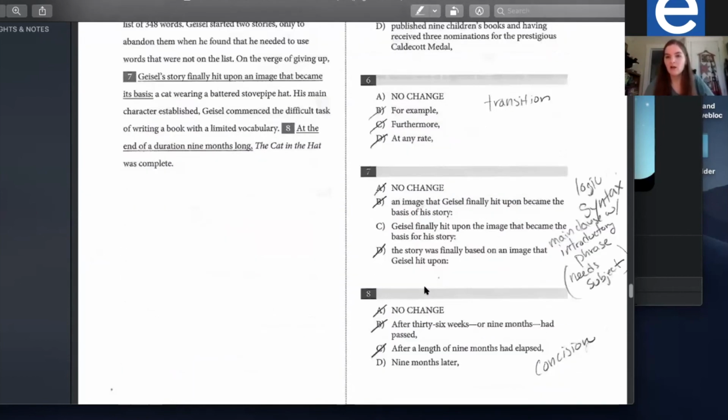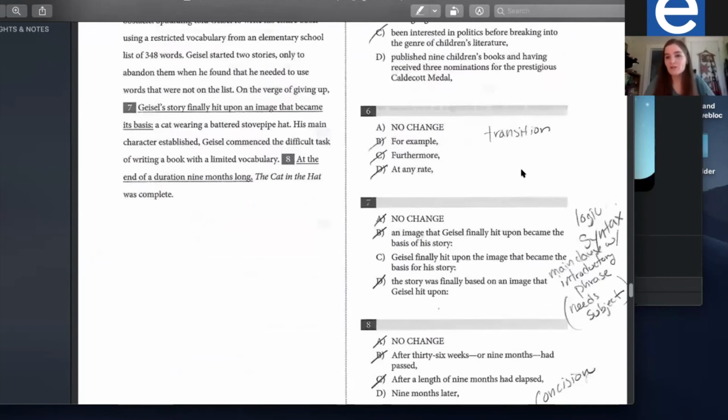You also have things like transition words and phrases. These are words that are going to be helping us. Like "at" is actually a preposition, "rate" is a noun. "Example" is a noun, "for" is a preposition. "Like" is really a conjunction, but it depends on how it's being used.